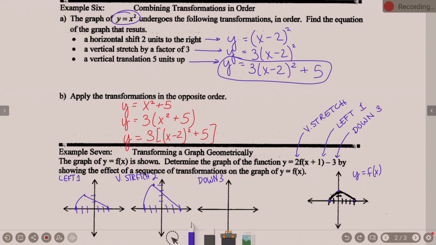So down 3. Whoops. That didn't work. Okay, I have an issue here. I'm going to have to make this 3 smaller here. Okay, so down 3. If it was left 3, we're going to go left 3, down 3.